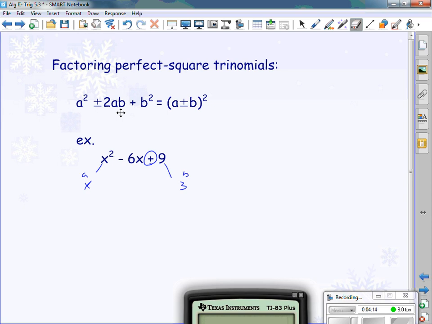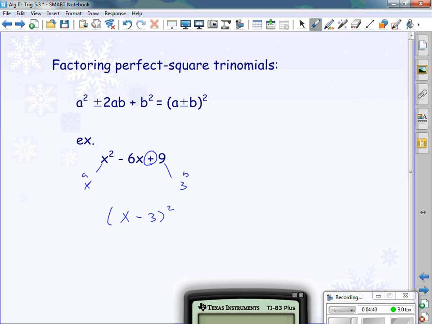Look at what I have here. 2 times, what's 2 times 3 times x? 6x. Do I have 6x here? Because I do, it means (x minus 3) squared. It is a shortcut.